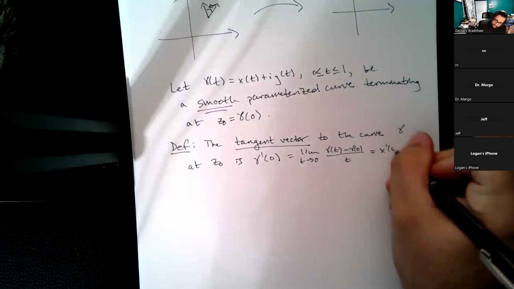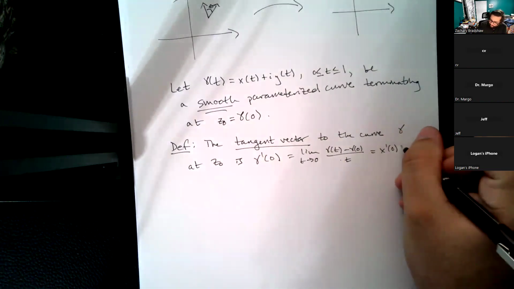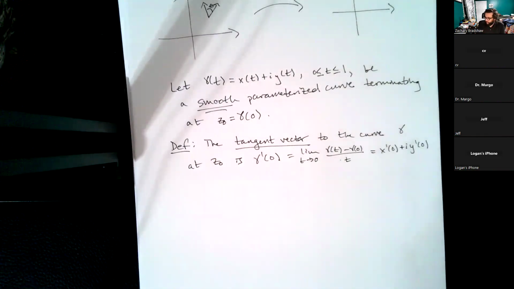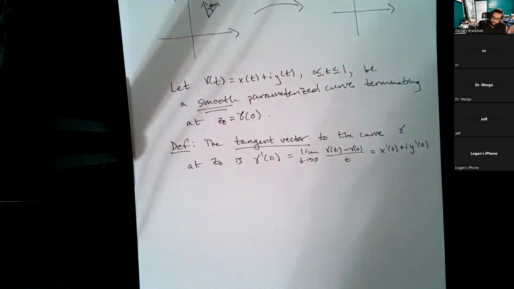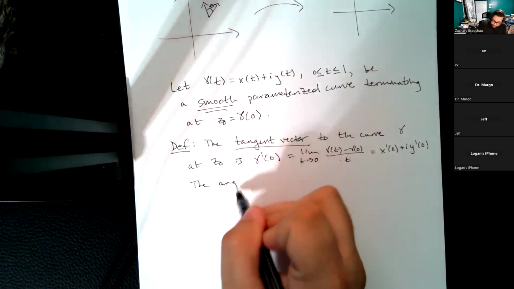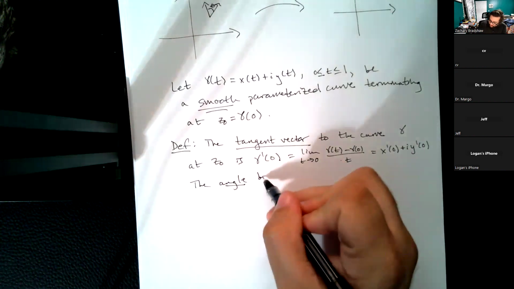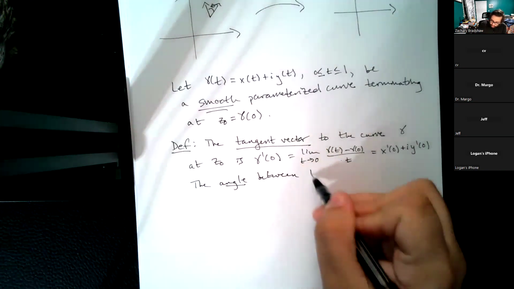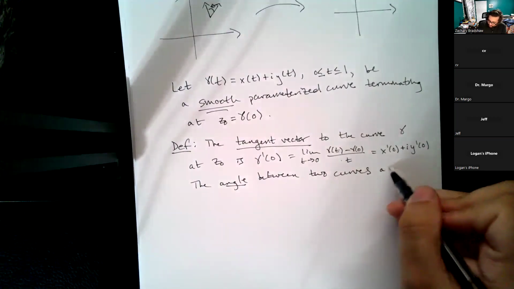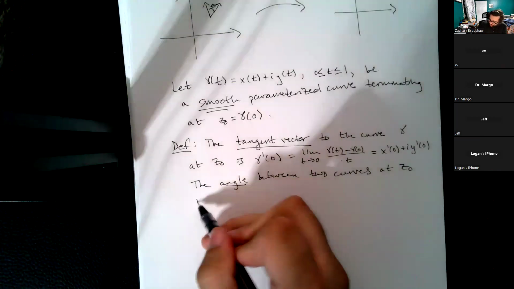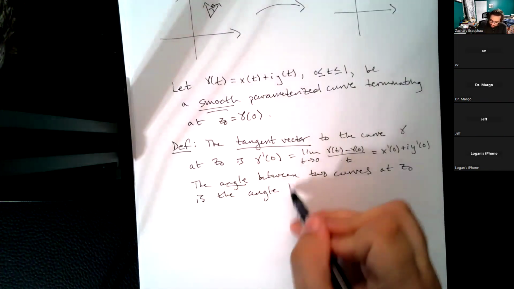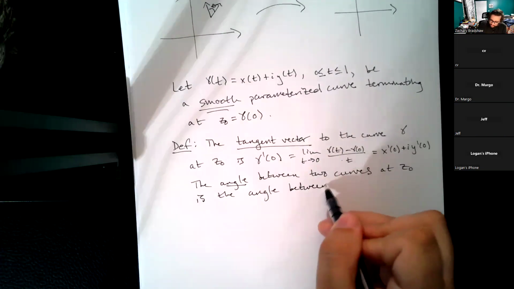And this is just the derivative of the x term plus the derivative of the y term evaluated at 0. The angle between two curves at z0 is, well, it's just the angle between the tangent vectors.